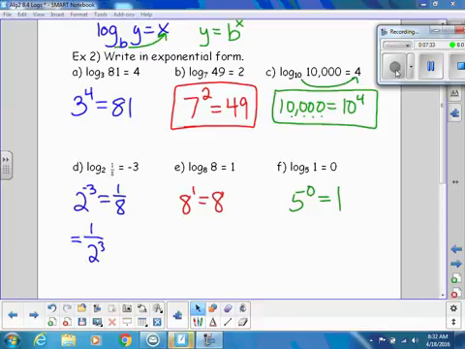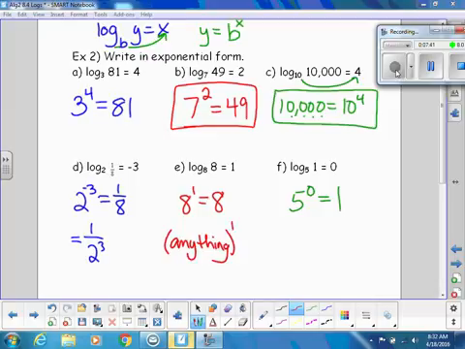Another reminder about exponents is that anything raised to the 1st power is itself. Whatever that happens to be. So when you see log base, whatever number that is, of the same number, you know that your answer should be 1.